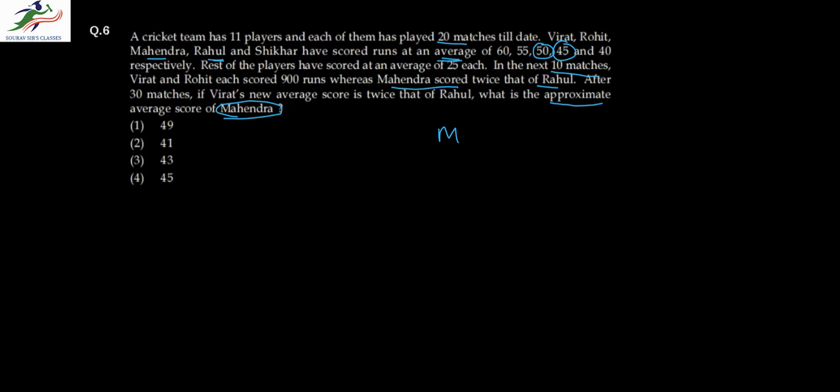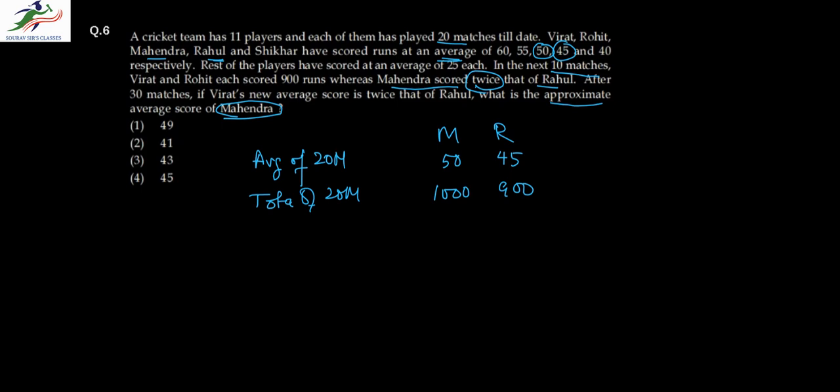So Mahendra and Rahul, their average scores in 20 matches are 50 and 45. Therefore, their total of 20 matches is 1,900.